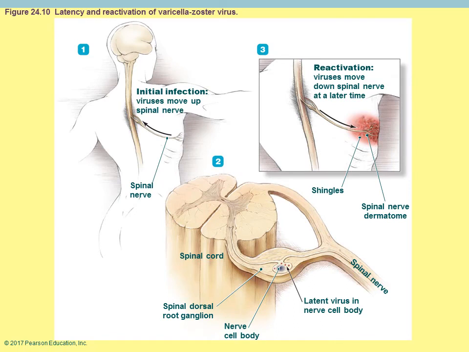What happens is when you have chickenpox, that virus is going to move up the spinal nerve, and basically it is going to remain latent in the dorsal root ganglion, this collection of cell bodies of the nerves, and it hangs out there. It will remain there and can be reactivated later and then move back down the spinal cord. And in shingles, you end up with a rash.